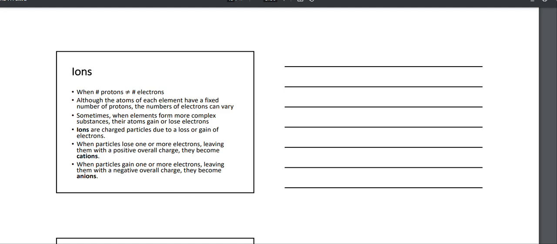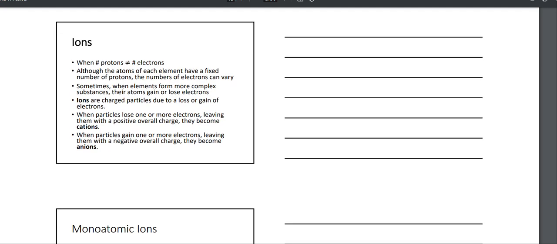The reason for that is because they exhibit different properties. They would have different tendencies and chemical characteristics that would allow them to be involved in chemical reactions. Elemental and uncharged particles rarely get into any chemical reactions, okay, due to their inactivity. So ions are charged particles due to loss or gain of electrons. Again, gain or loss of electrons, not protons.